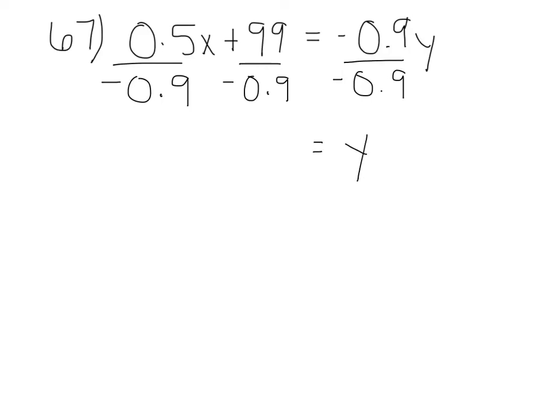So 0.5 divided by negative 0.9 is going to give me negative 0.556. And then positive divided by negative there will be negative. So then 99 divided by negative 0.9 is going to be minus 110. So looking at your options, since I rounded over here, and don't forget the x, that's going to correspond with B.